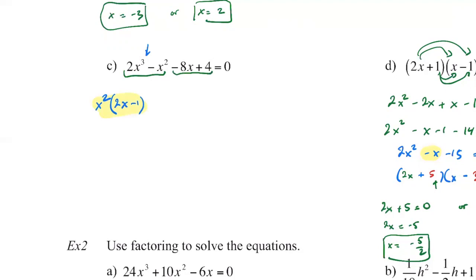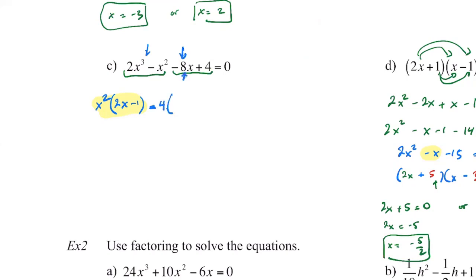Over here, for negative 8x plus 4, the GCF is going to be 4, but because the leading coefficient is negative, instead of taking out a positive 4, we are going to take out a negative 4. So if our GCF is negative 4, we write minus 4, and we say, negative 4 times what gives me negative 8x?